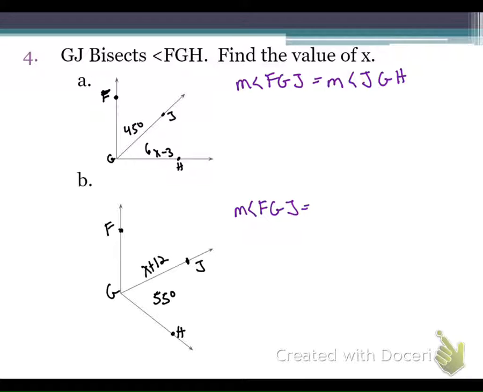Our problem tells us what each of those equal. What is the measure of FGJ? Yep, 45 degrees. What is the measure of JGH? 6x minus 3.